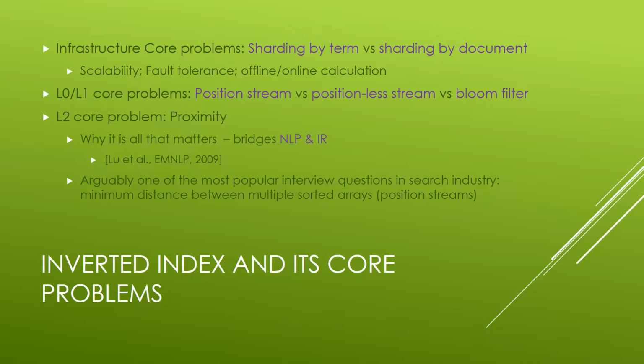Sharding by documents in general is more popular because of its fault tolerance, as a few machines failure only means the drop of availability of a small portion of documents. The sharding by term, however, provides much higher machine efficiency, so you can search with much larger document size.